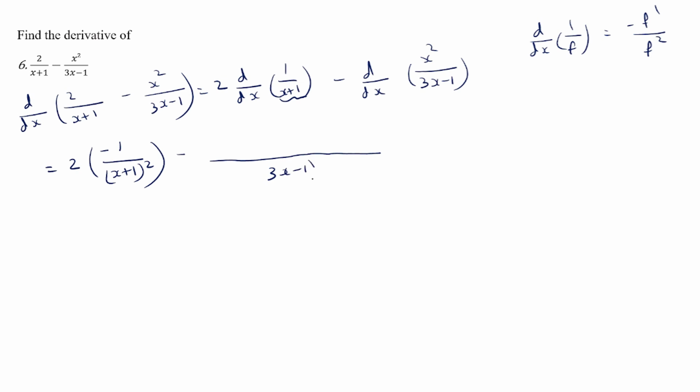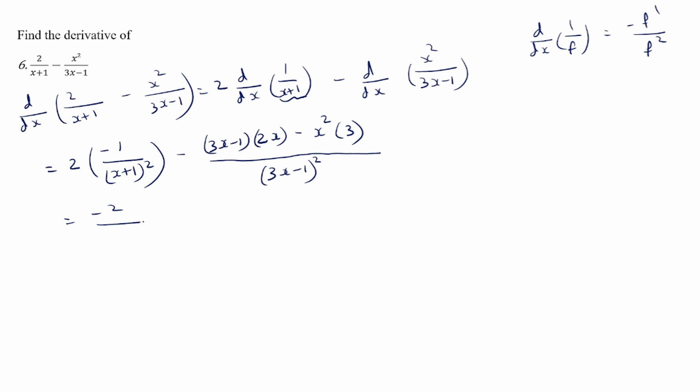Here we have the denominator, we should have g square, that is 3x minus 1 the whole square. Then keep the denominator, differentiate the numerator. When we differentiate the numerator, derivative of x square is 2x, minus, keep the numerator and differentiate the denominator. It is 3.